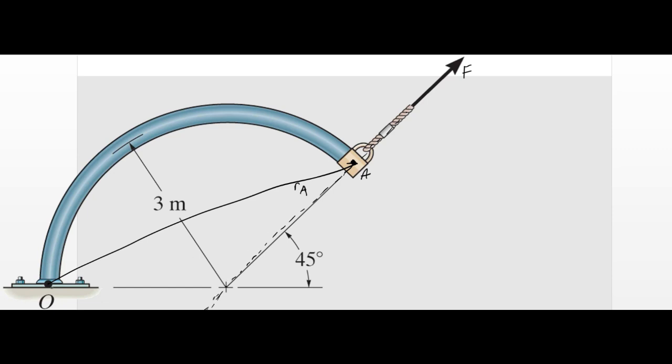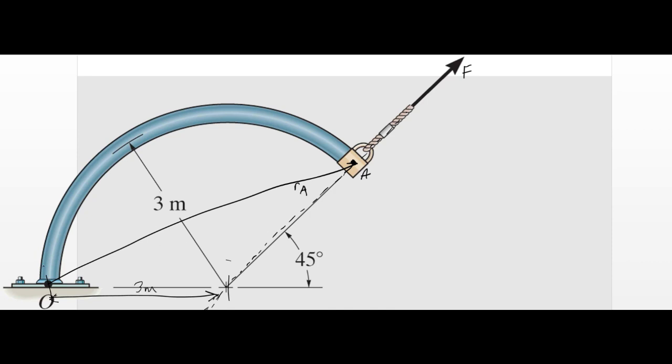And you need to calculate the perpendicular, or I should say the shortest distance, perpendicular distance, from the point O to the force line of action here. So the distance that we're actually looking for is this distance. And what is this distance? That's just the radius. That's just 3 meters.